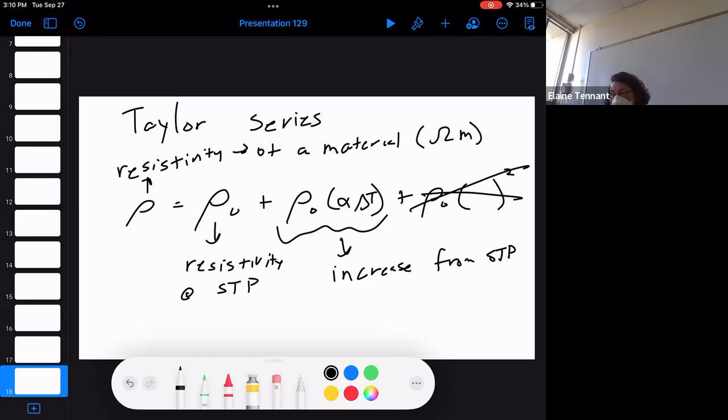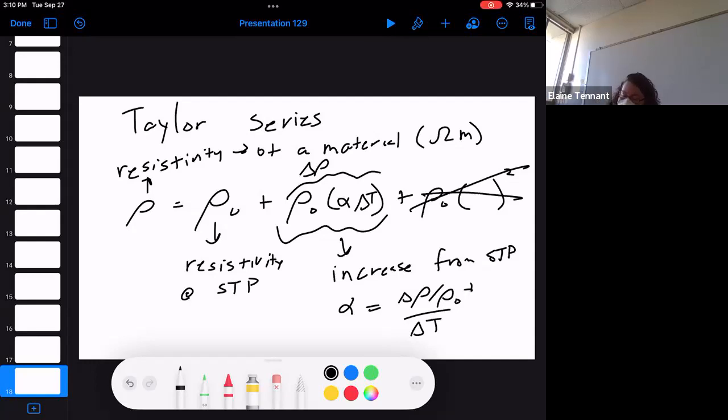Where alpha, this is kind of a silly definition. Alpha, you notice, is exactly what you would expect. If this thing is delta rho, we just solved for alpha there.